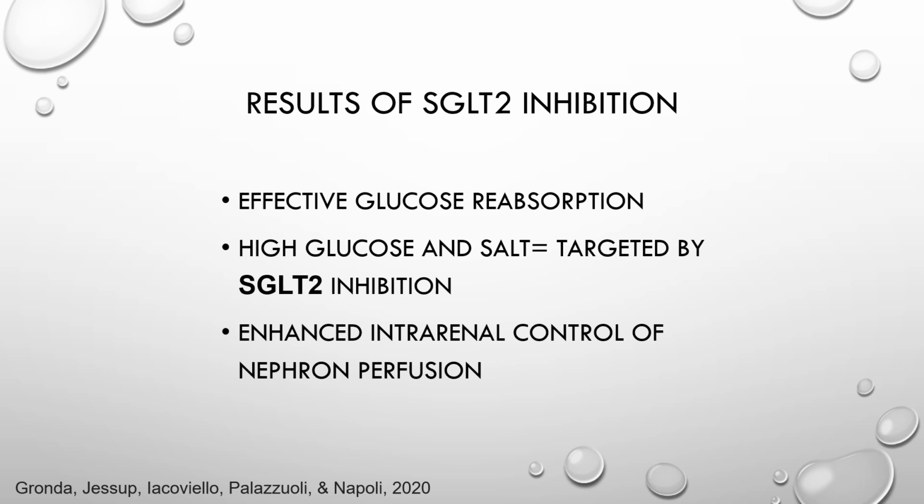It has been demonstrated that the enhanced intrarenal control of nephron perfusion reduces unfavorable outcomes linked to circulatory congestion, such as heart failure aggravation. The cotransporter 2 inhibitors provided impressive benefits to patients with and without diabetes who have heart failure.